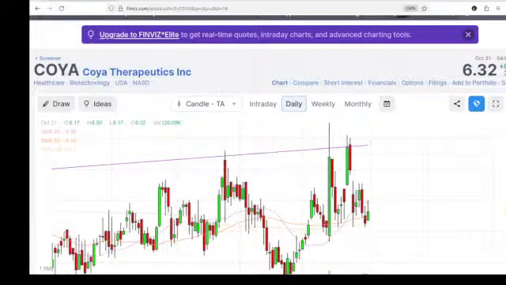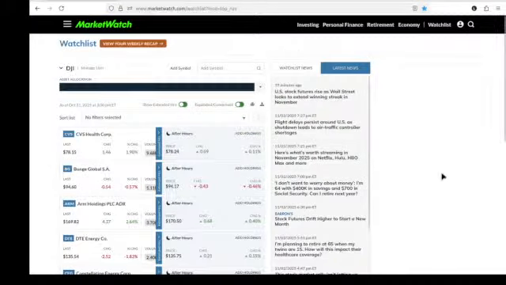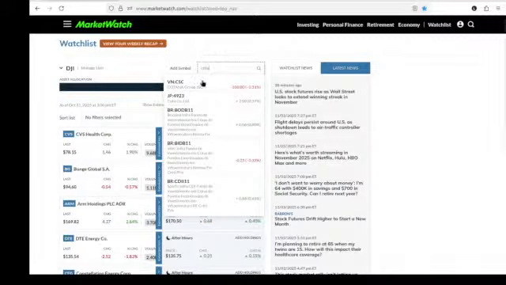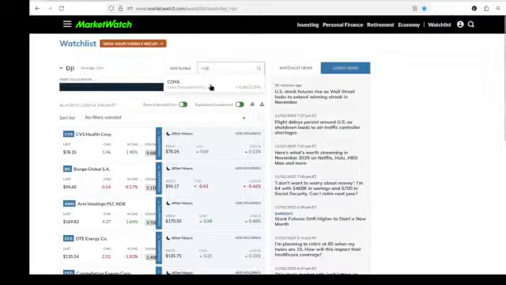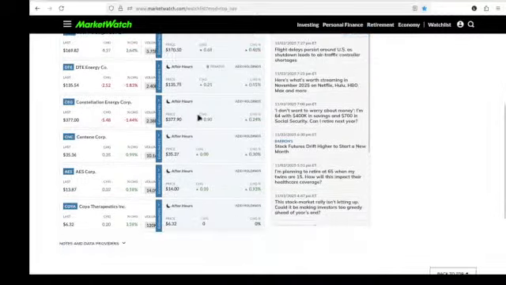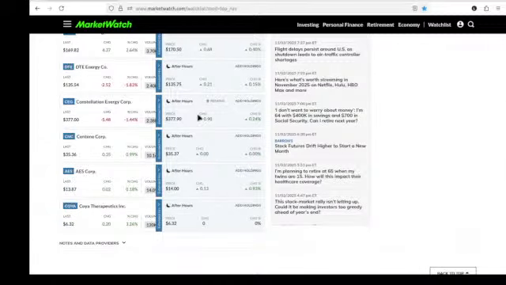So just remember the ticker symbol COYA. So we come here to market watch. Alright, in this case it's 0%, which is okay, but at least it shouldn't be negative.